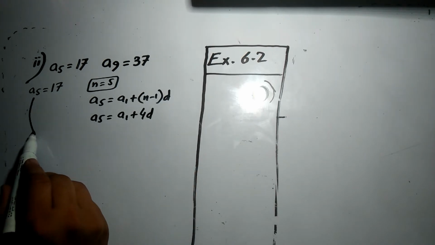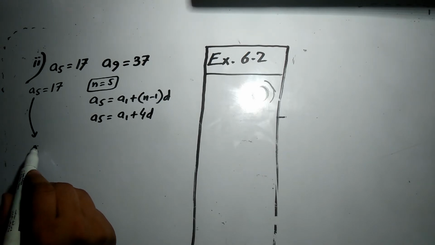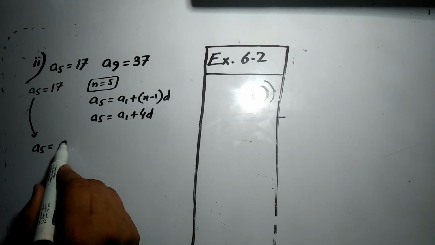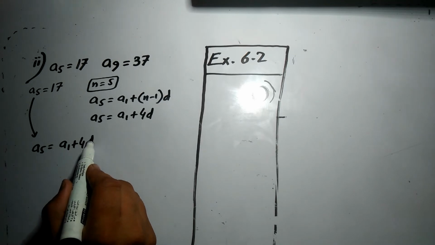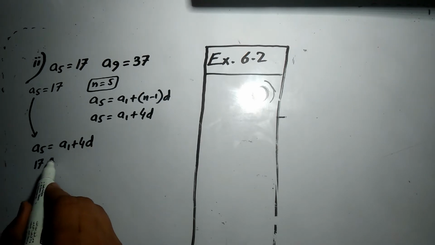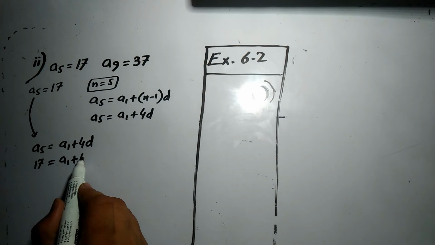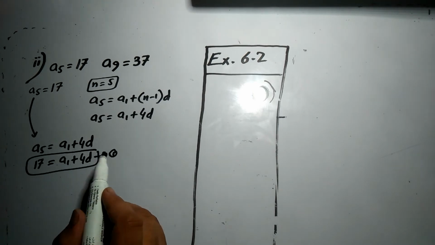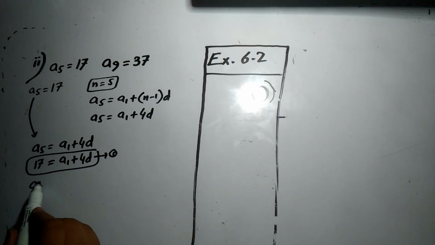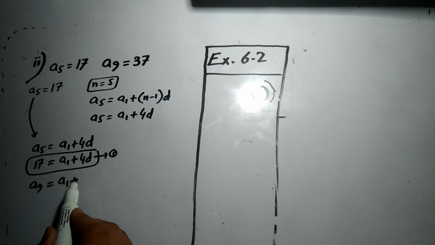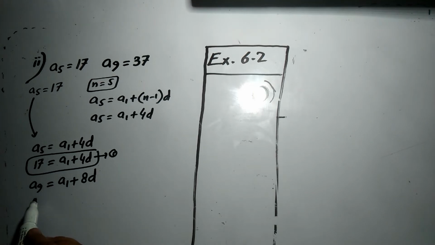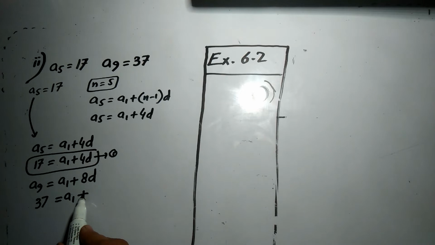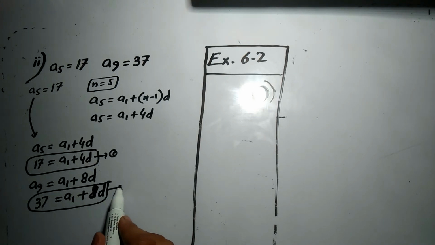So a5 is equal to a1 plus 4d. a5 is 17, so 17 will be equal to a1 plus 4d. This is equation number 1. Similarly, a9 will be equal to a1 plus 8d. a9 is equal to 37, so 37 will be equal to a1 plus 8d. This is equation number 2.